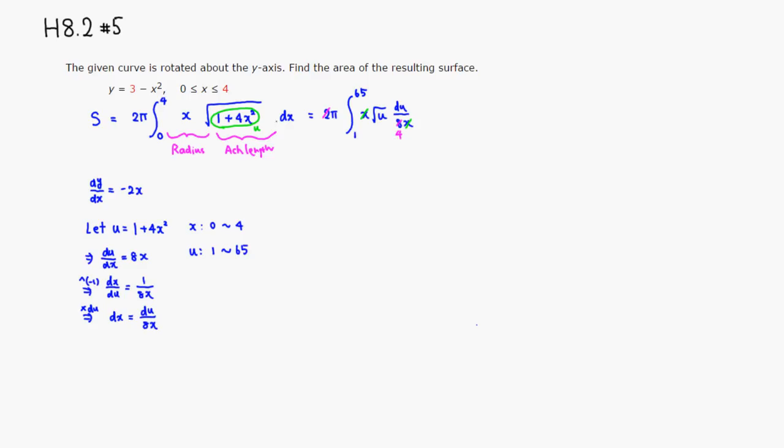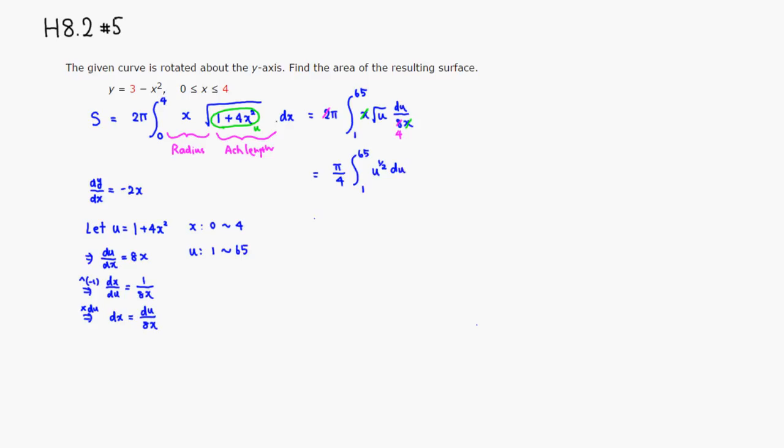If you clean it up, you're going to have pi over 4 in front, and then an integral from 1 to 65 of the square root of u, which is u to the 1/2 power, du.